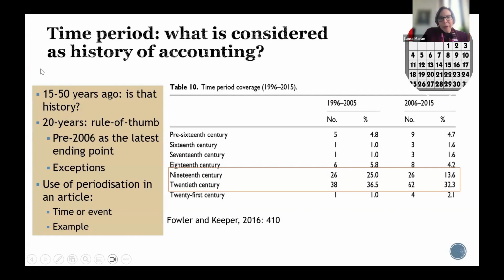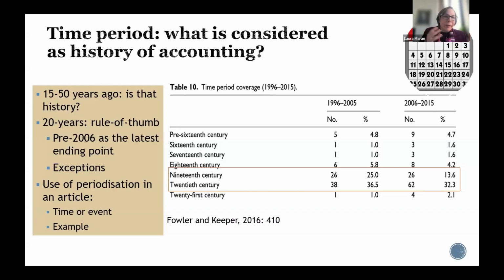In terms of time period, one of the main questions is, what is considered history in accounting? We have a lot of desk rejections regarding papers that do not actually have a historical flavor.